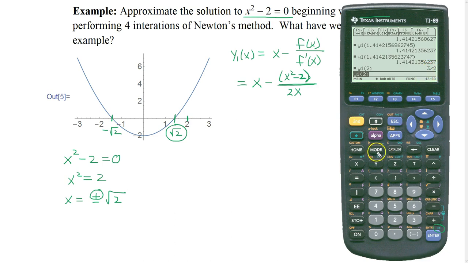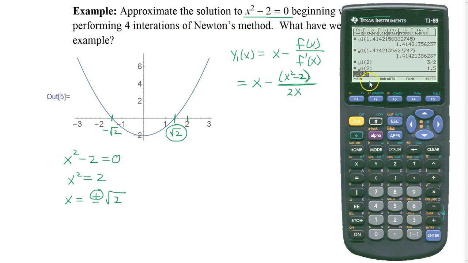It depends on the mode that your calculator is set in. So if you get this, 3 divided by 2, and you want a decimal representation, you can do this. So here we have y1, and we need to hit green and then enter, and there we get back 1.5.